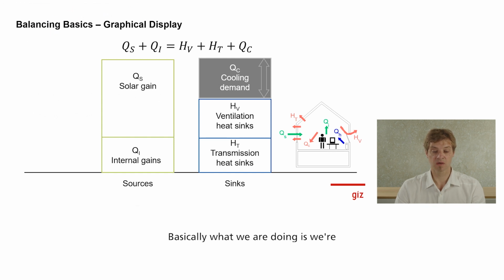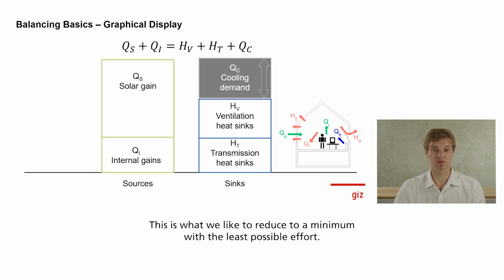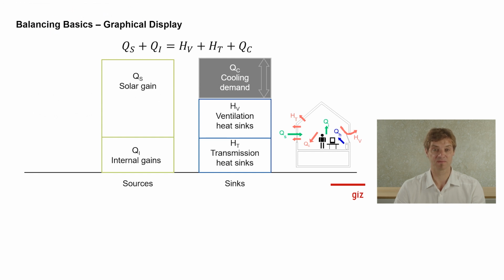Basically, what we are doing is we're summing up all the sources, energy sources, to a certain building, and on the other hand side, summing up all the sinks, energy sinks, for a certain building. The missing part then, in our case, is the cooling demand that we have to put into or take out of that system. This is what we like to reduce to a minimum with the least possible effort.